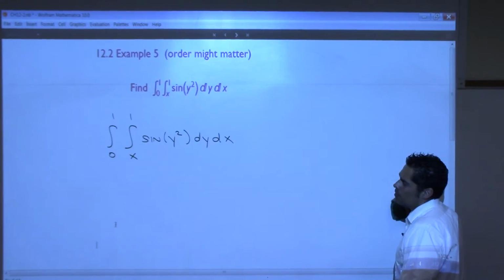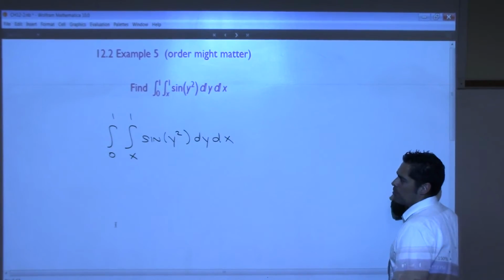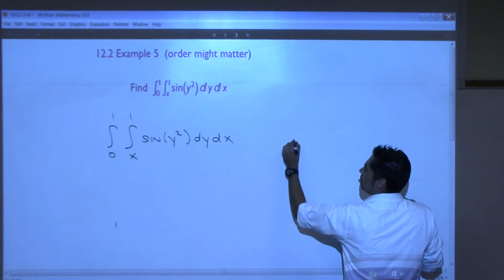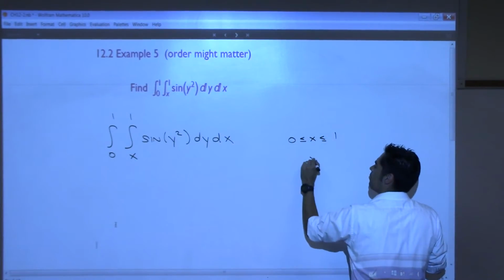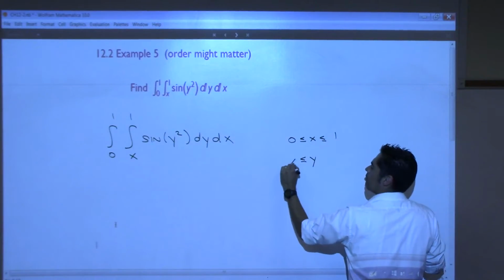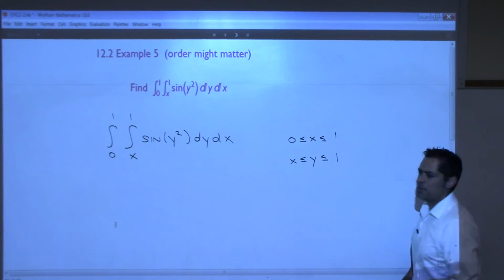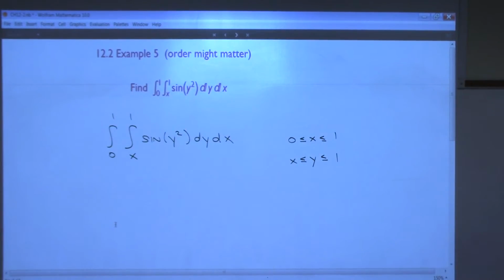Okay. So watch, check this out. Watch what we're about to do. This is what we know. Right? That's what the double integral tells us. Right? Those are restrictions on x and those are restrictions on y. I'm going to go backwards now and draw the region from that information. Okay?